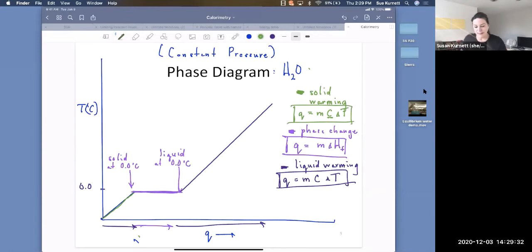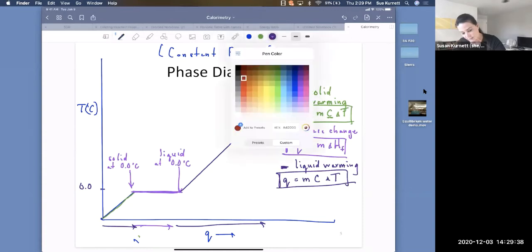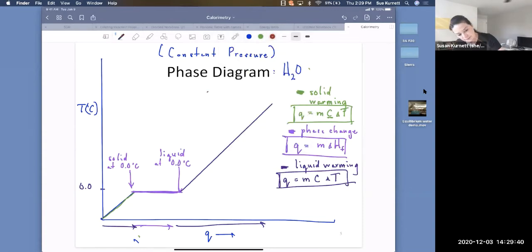Okay, when we get to the place where the water is 100 degrees Celsius liquid, and then it's becoming 100 degrees Celsius gas, all the energy going in is increasing potential energy.